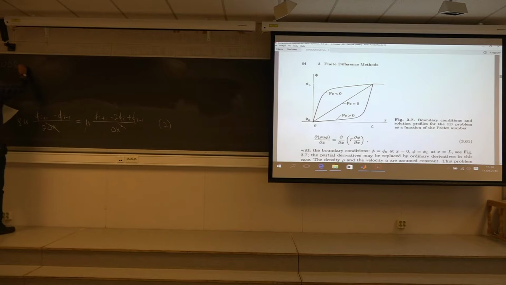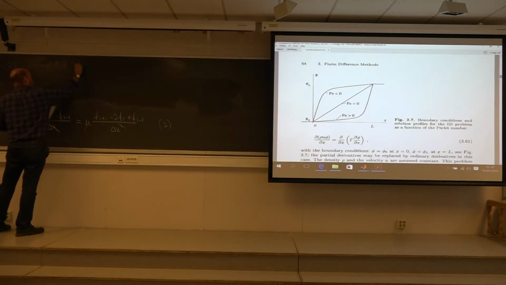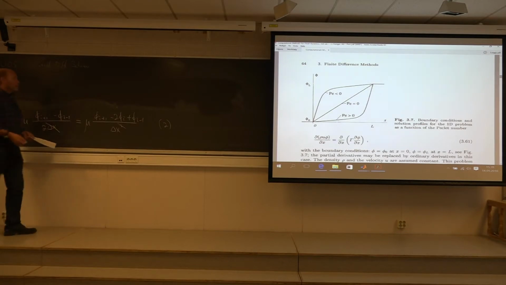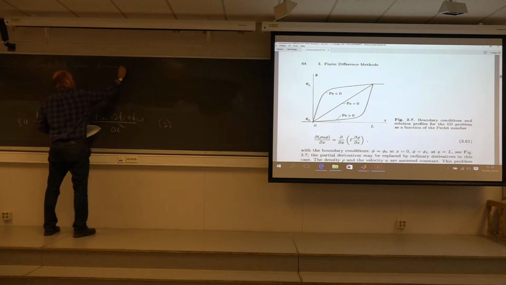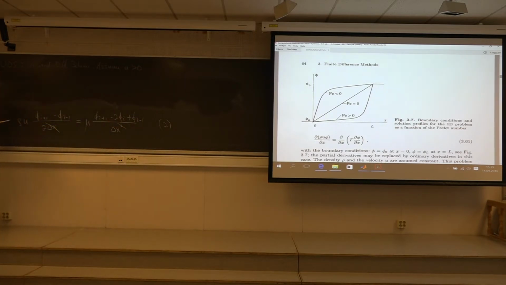So this is now the upwind differencing scheme. Here we have to know the sign of this velocity in the advection term. Is it positive? Is it negative? We assume it is positive. So we sort of have to choose.